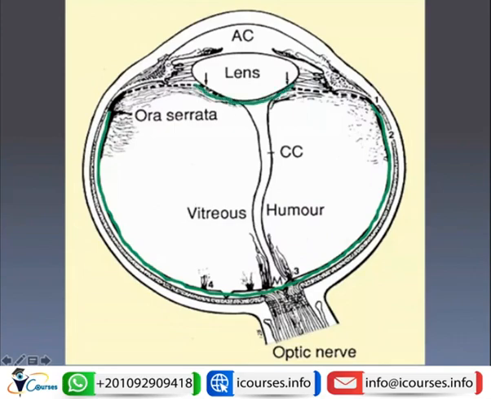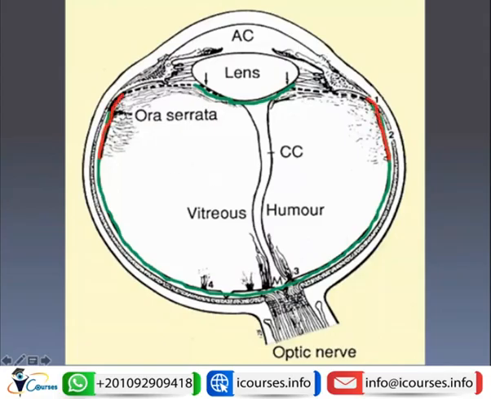The second attachment is at the lenticular fossa, called the hyaloid capsular ligament of Wieger. This ligament becomes weaker with age. That's why intracapsular cataract extraction will be easier in older age due to weakening of this attachment.